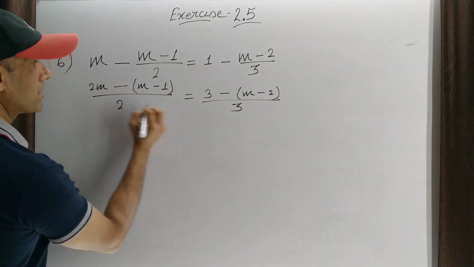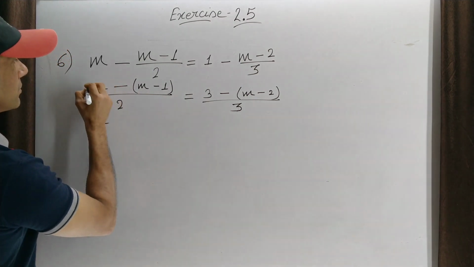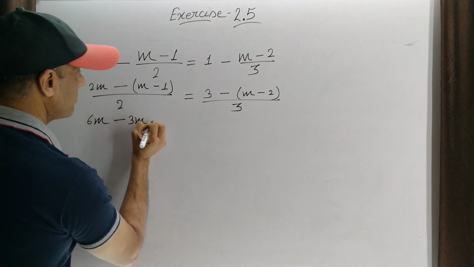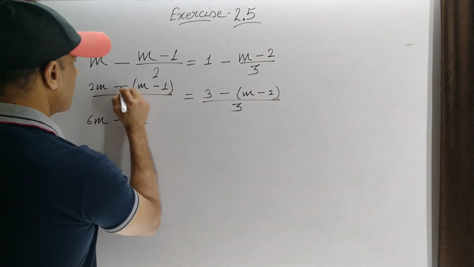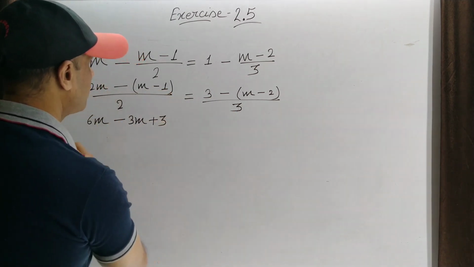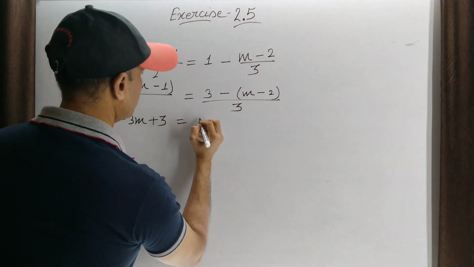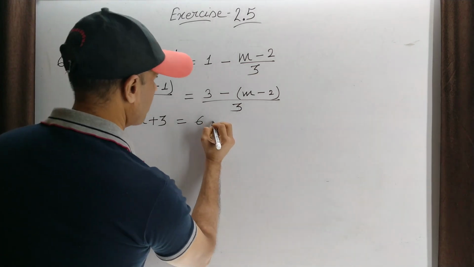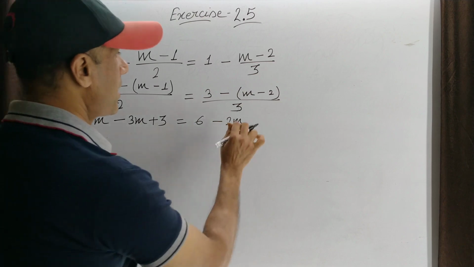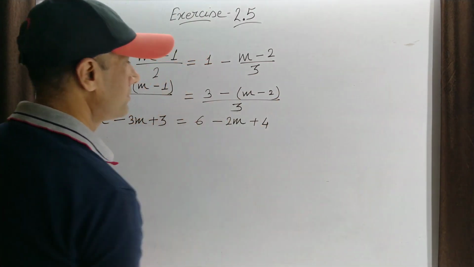Cross multiplication: I get 6m, 3 into 2, minus, open the bracket, 3m, this minus and this minus become plus, 3 plus 3, is equal to 2 into 3, 6, minus 2m, and this minus and minus become plus, and this becomes plus 4.